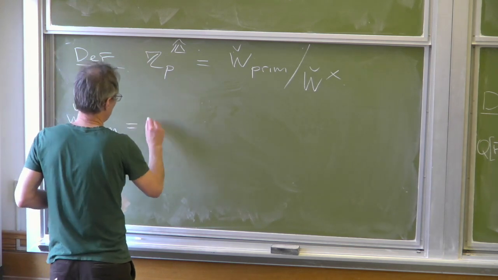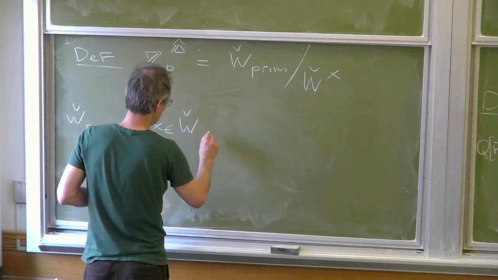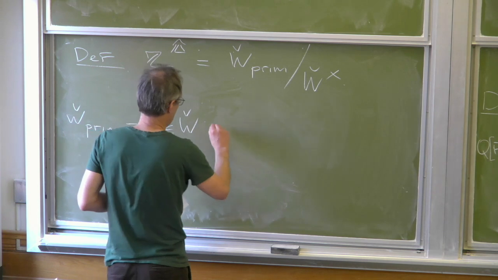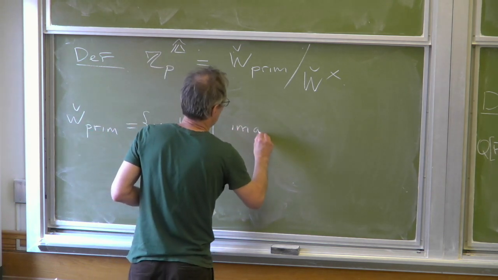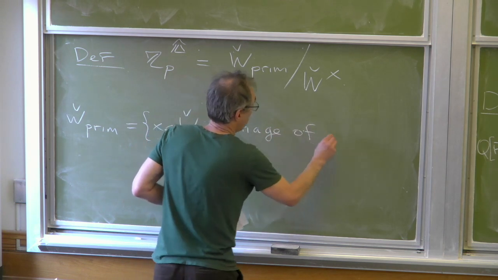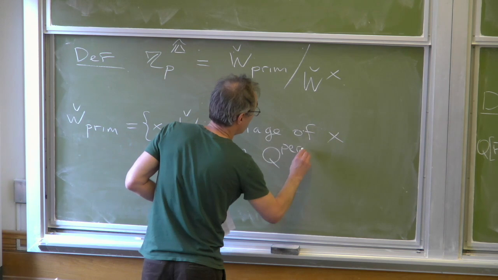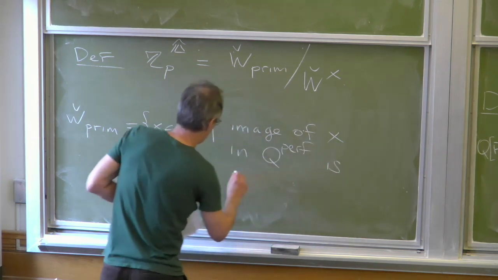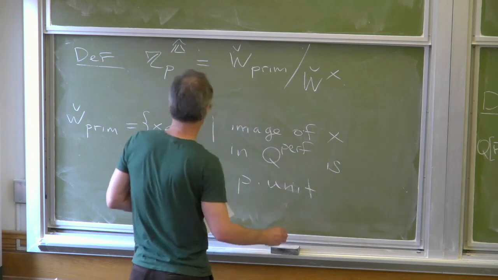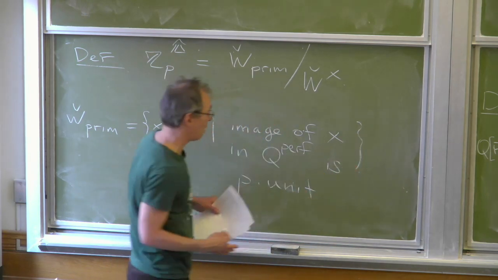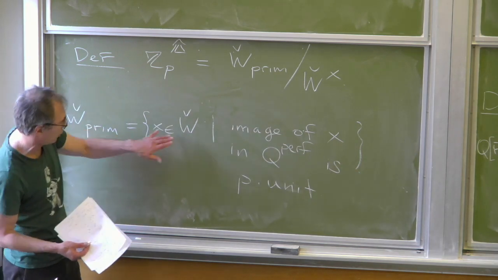It consists of all x in W check such that the image of x in Q is p times a unit. Maybe Achille gave another definition.